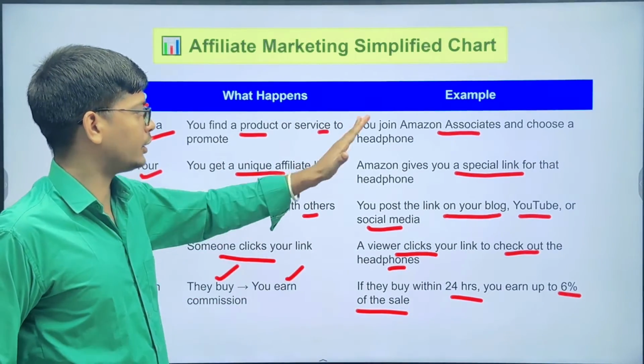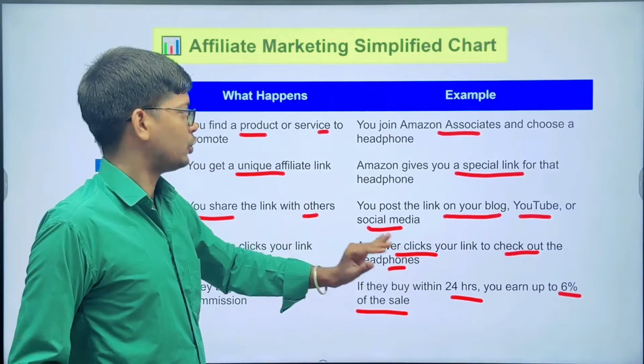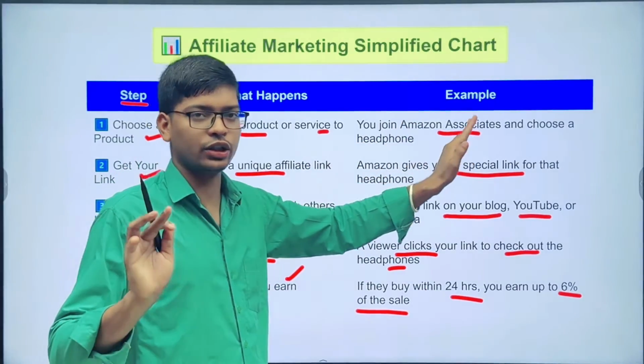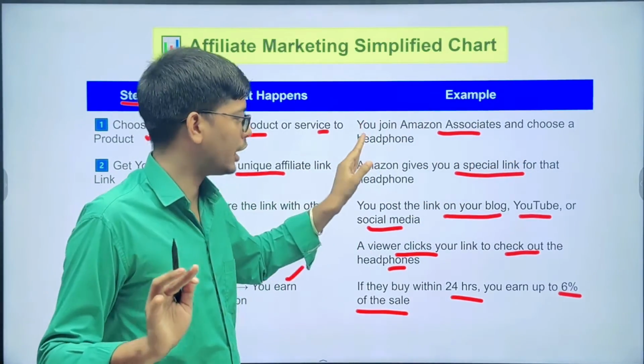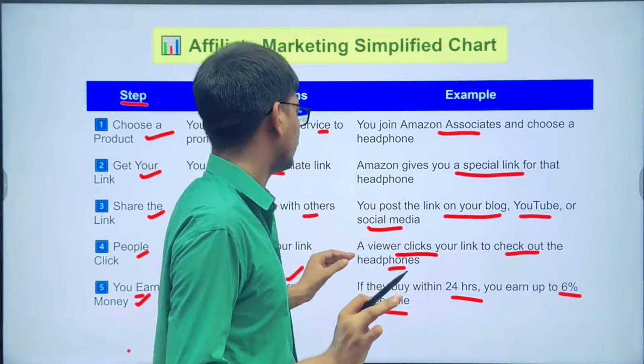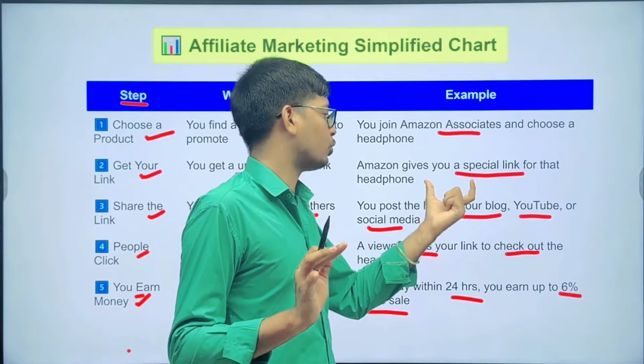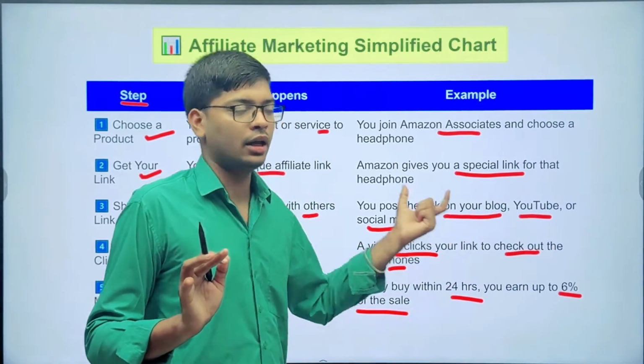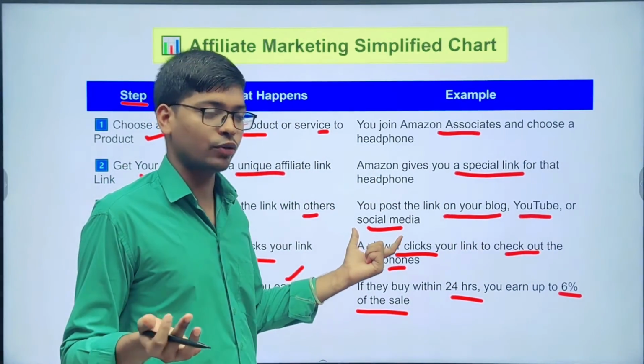So I think you understand this example. You join Amazon Associates and choose a headphone, and then Amazon gives you a specific link and you post your link on your blog, your YouTube channel or other social media platforms.